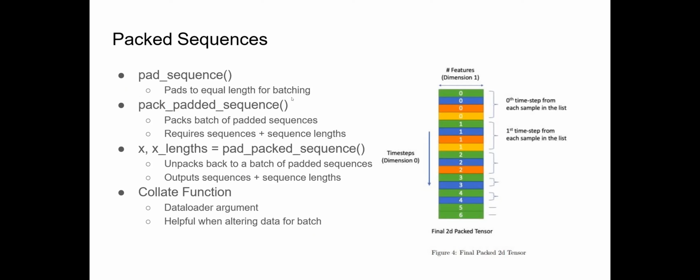The name of the function is pack padded sequence because it's a PyTorch function and it cannot process variable length input. So we pad it first and then pack it. The difference here is that the zeros are ignored and not processed, which saves us runtime. Does that clear it up?